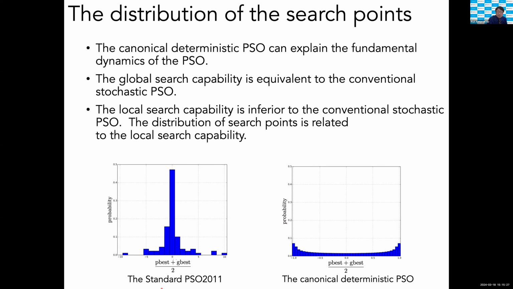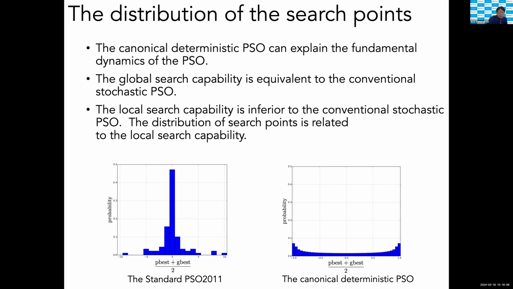PSO is fundamentally based on the assumption that good solutions are likely to be found near previously discovered good solutions, making it important to search around these areas. The horizontal axes of the two diagrams below represent the search space, with the center corresponding to the best position found.